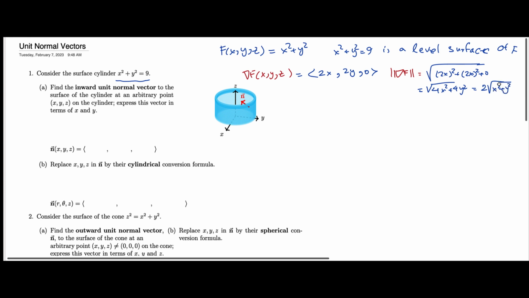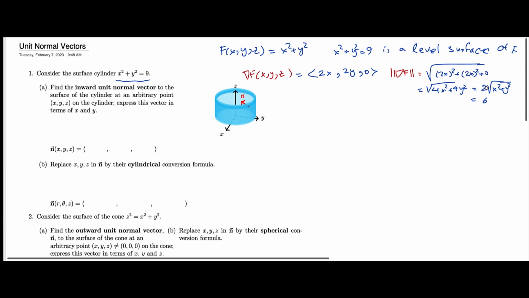Now that we are at this point, remember, where were x and y and z? It was on the level surface, x squared plus y squared equal to 9. Therefore, x squared plus y squared is equal to 9 at this point, and therefore I can take it out of the square root, and it would be 3, then times 2 is 6.